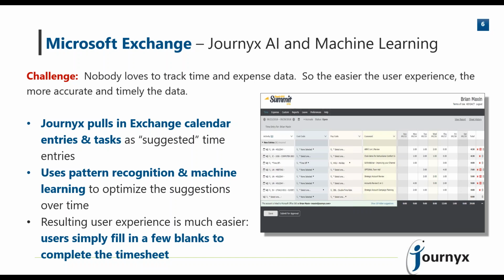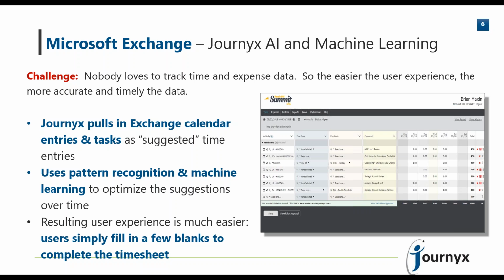But as I continue to use those suggested entries, the pattern recognition and machine learning starts getting smarter and smarter, and it starts recognizing that this type of activity should be associated to this project, thereby further enhancing the user experience when they're entering in time.